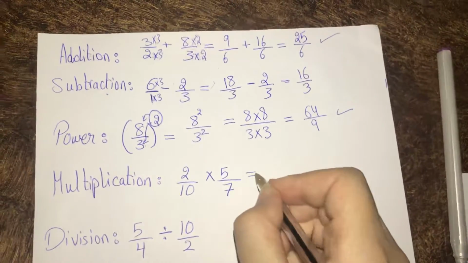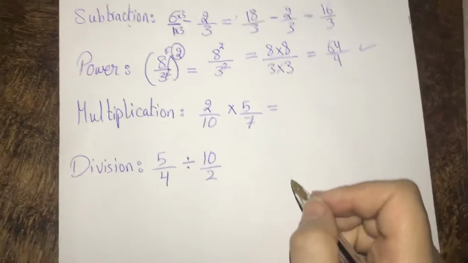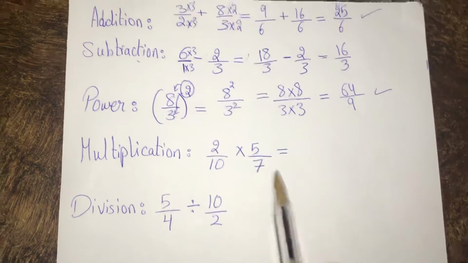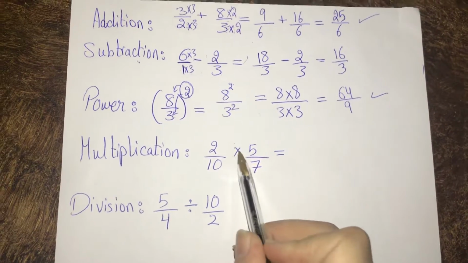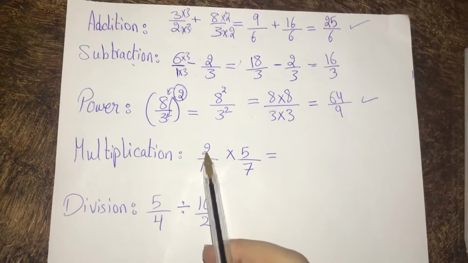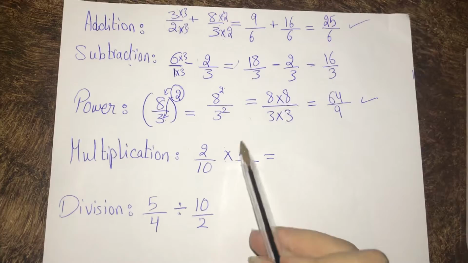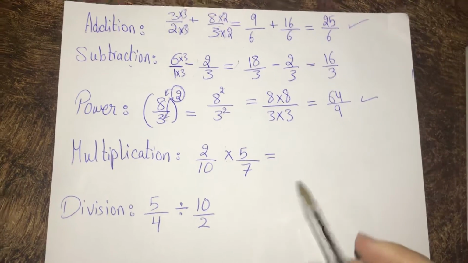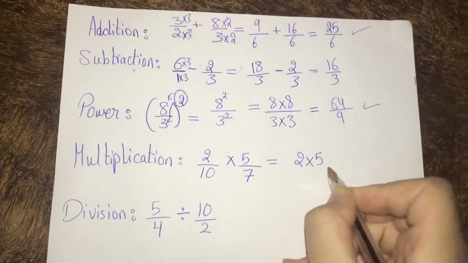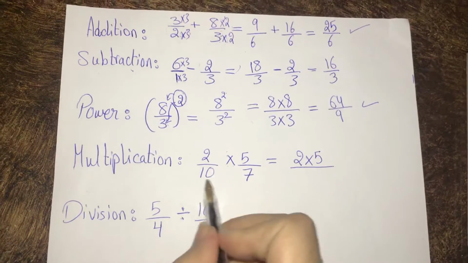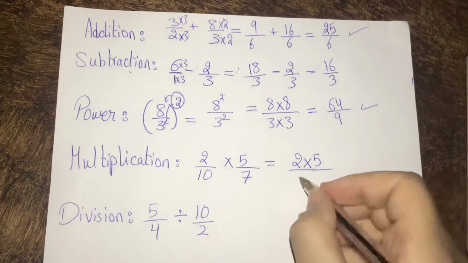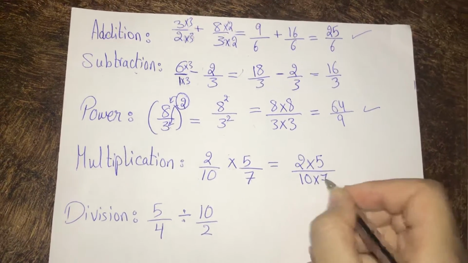What about multiplication? Multiplication is the simplest step. Okay, when you have the operation times, you have to multiply the numerator of this number by the numerator of the second number. So you have 2 times 5 over, and the same for the denominators of these two numbers, 10 times 7.